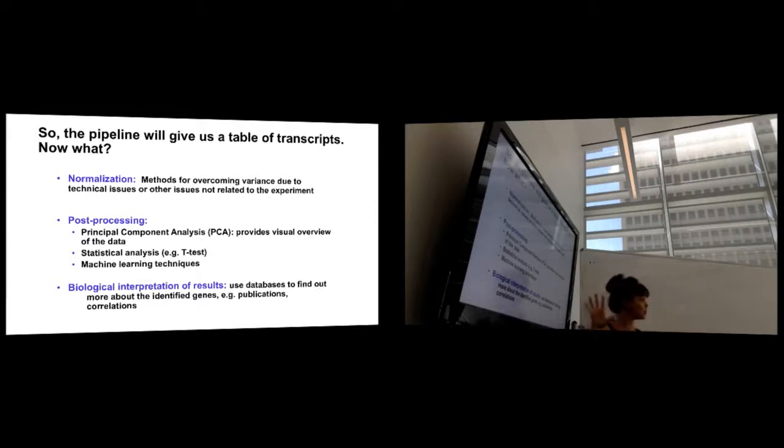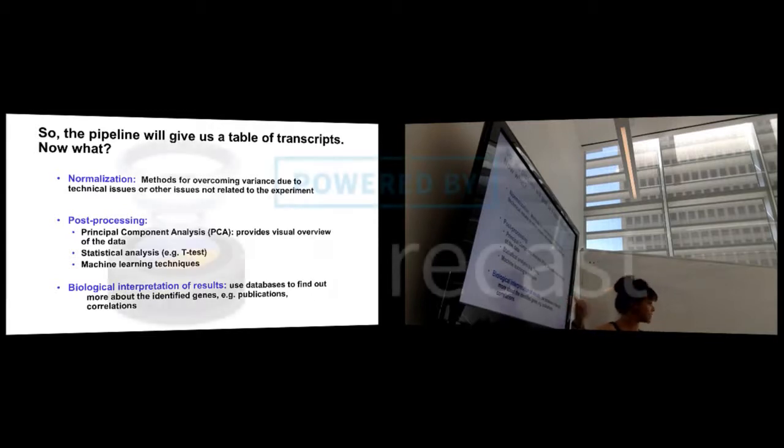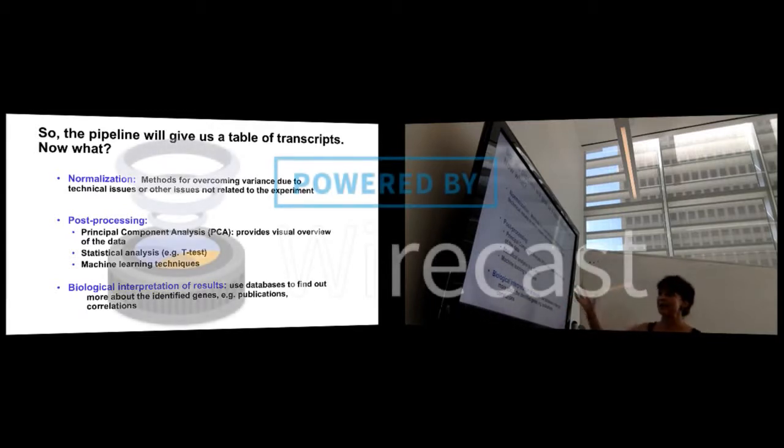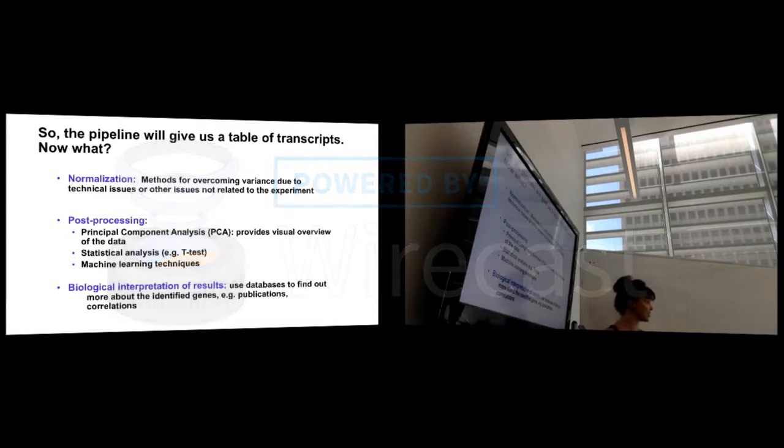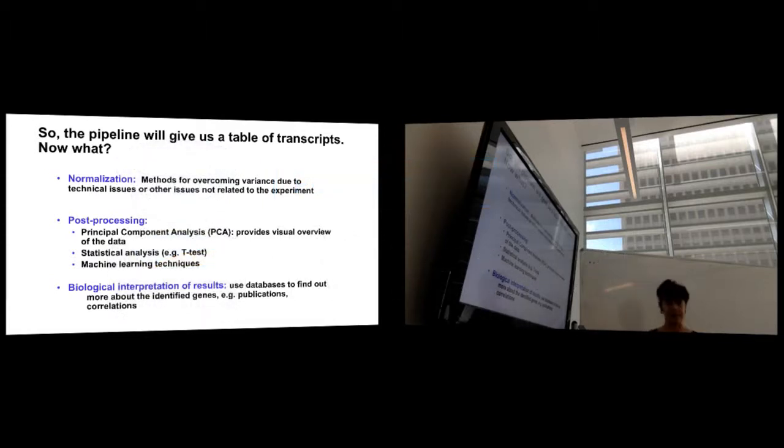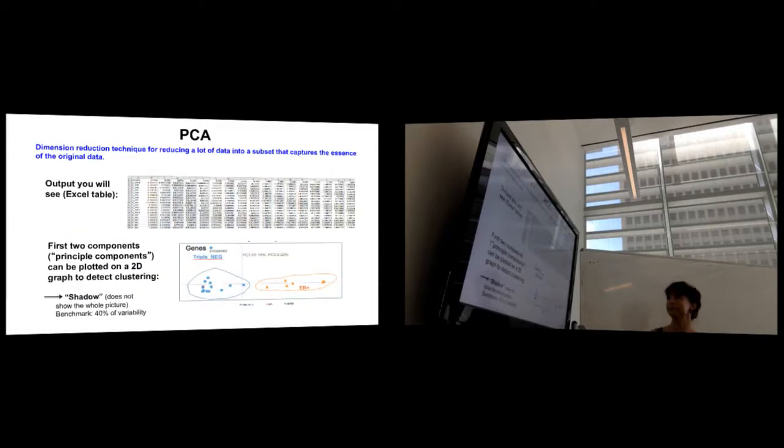It provides kind of a visual overview of your data. You can do statistical analysis, and then machine learning techniques. And then the final step is your biological interpretation of your results, and you're using all the tools that you already know how to use, databases, publications, and looking at these results and seeing what their biological meaning is.